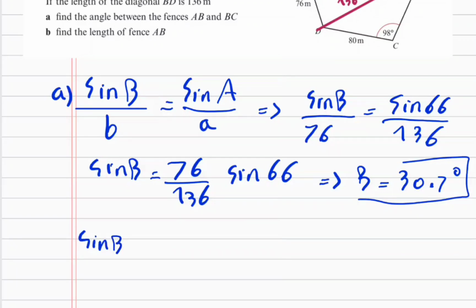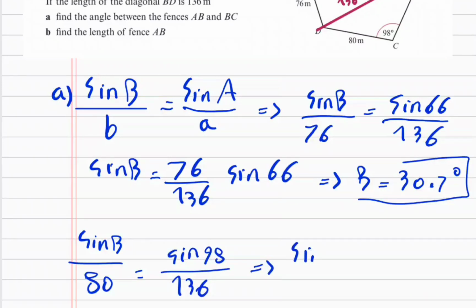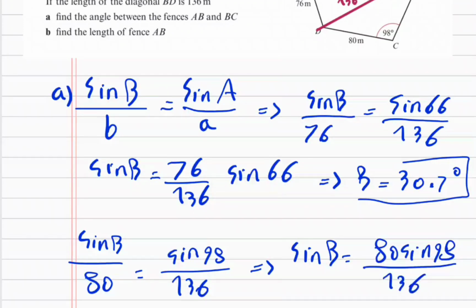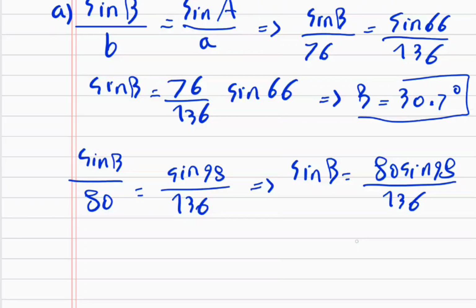So we say sine B over the opposite side, which is 80, is equal to sine 98 over 136. Very simple. Then we rearrange, find the right-hand side and take the sine inverse of that. So B in this case is equal to 35.6 degrees, and we just need to add them.